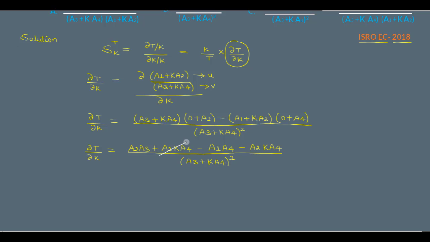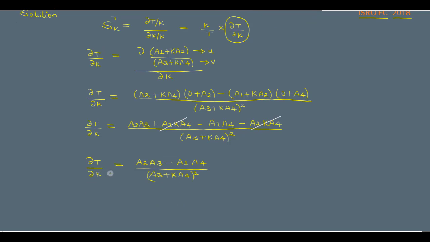So we can cancel these two terms. So the final answer of ∂T by ∂K will be (A2 A3 minus A1 A4) upon (A3 plus K A4) whole bracket squared.